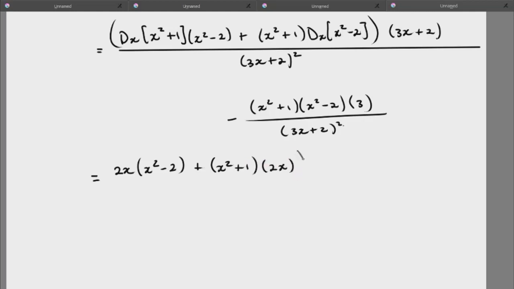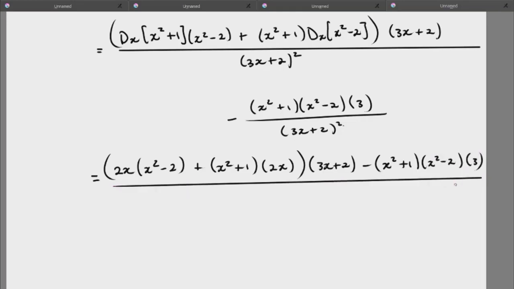Again, all of that multiplied with 3x plus 2. Then the bottom section is already done. I'm just copying it down. All over 3x plus 2 squared. Easy!